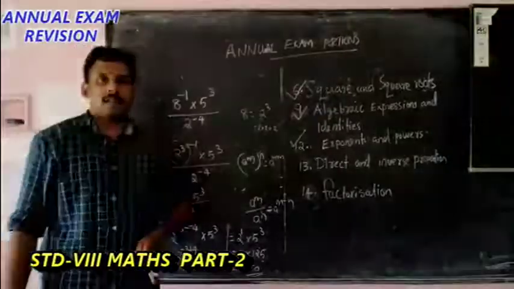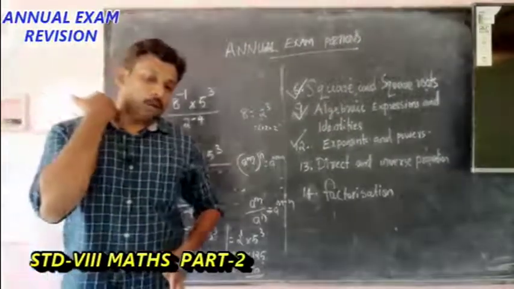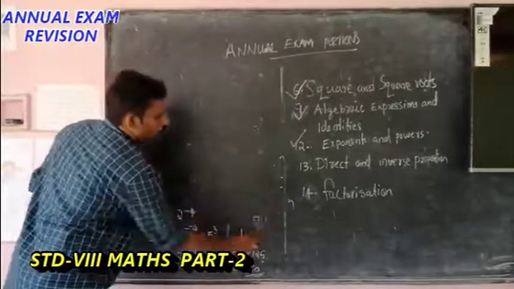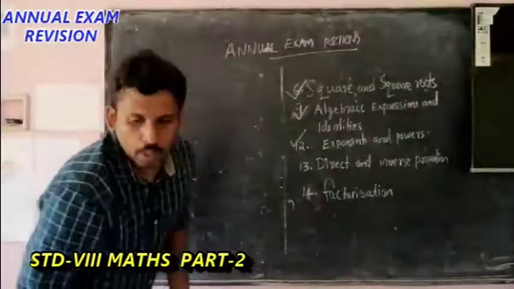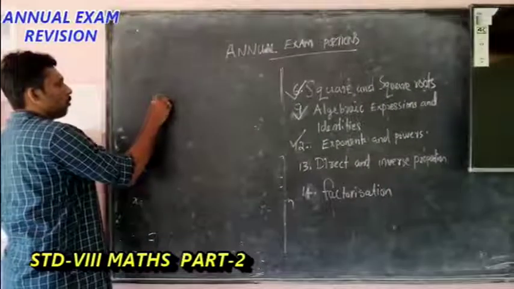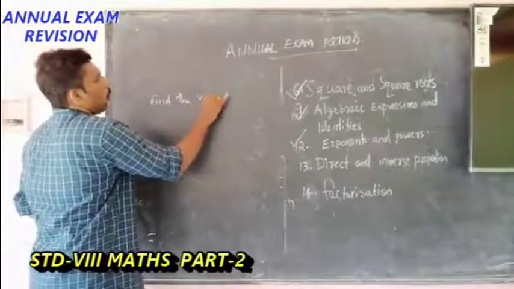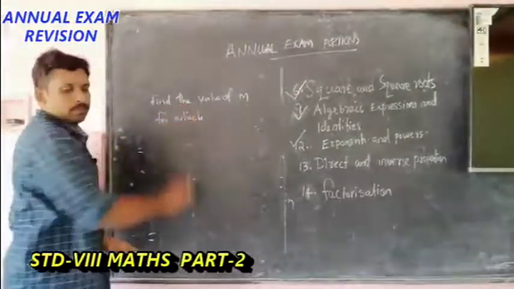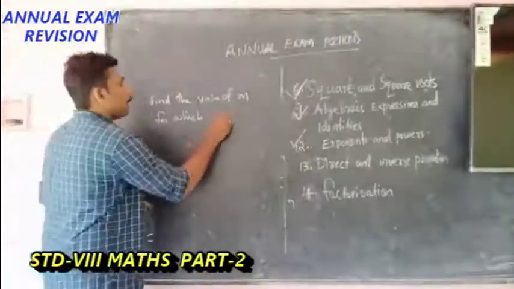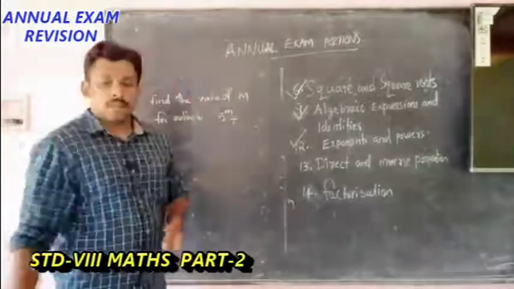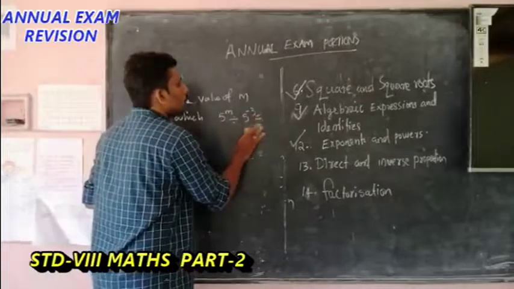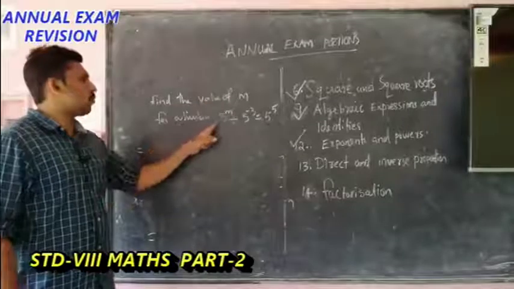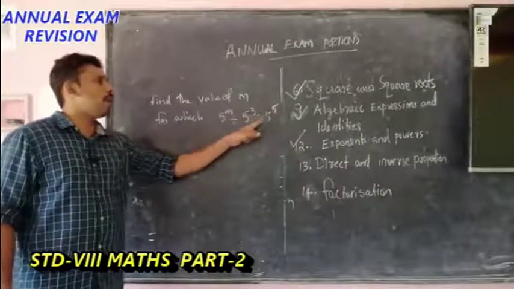This is also one of the important exam questions. One more question in this lesson: find the value of m for which 5 power m divided by 5 power minus 3 is equal to 5 power 5.